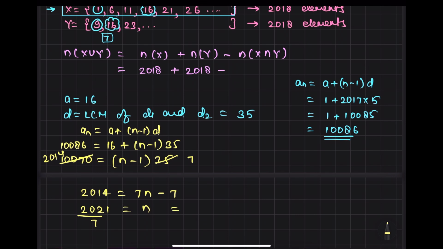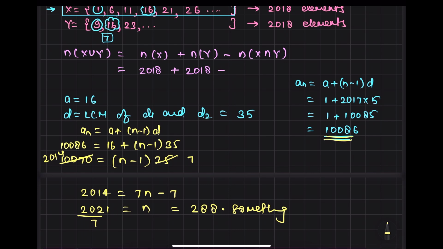Now simplify things: 2021 divided by 7 is 288 point something. This means that 10086 does not exist in the common series.